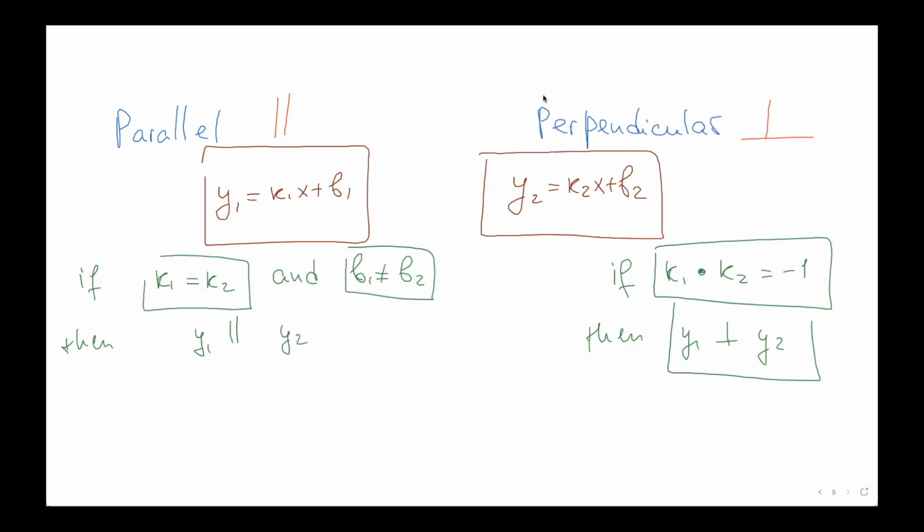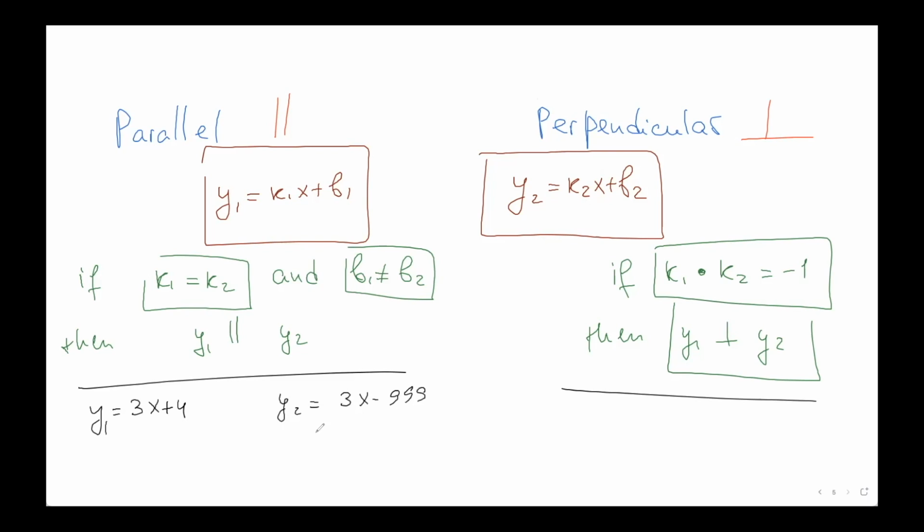Okay, let's have an example. Imagine that y1 is equal to 3x plus 4, and y2 is equal to 3x minus 999. Look, the slope k1 is equal to k2. Yes, it works. b1 is not equal to b2. It works. Then we say y1 is parallel to y2.